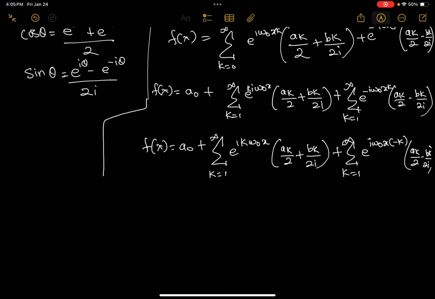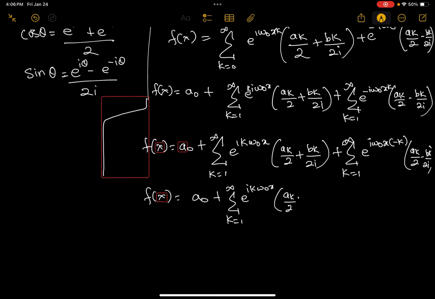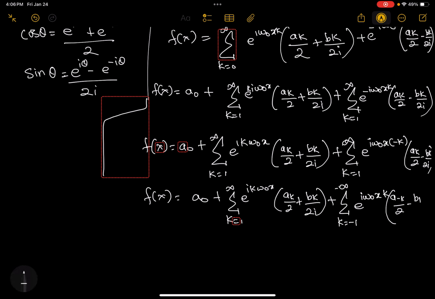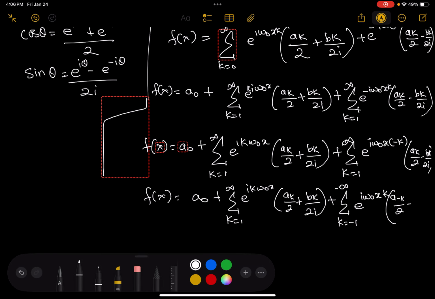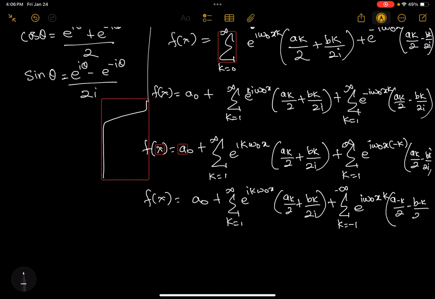So what I can actually do is write this as a naught plus the sum from k equals 1 to infinity of e to the power I k omega naught x times a sub k by 2 plus b sub k by 2I, plus the sum from minus 1 to minus infinity of e to the power I omega naught x k, because k is now going from minus 1 to minus infinity, and this becomes a sub minus k by 2 minus b sub minus k by 2I.